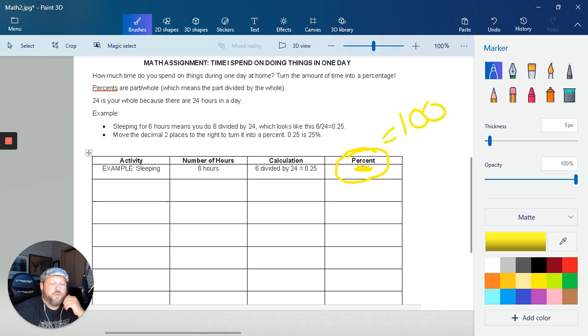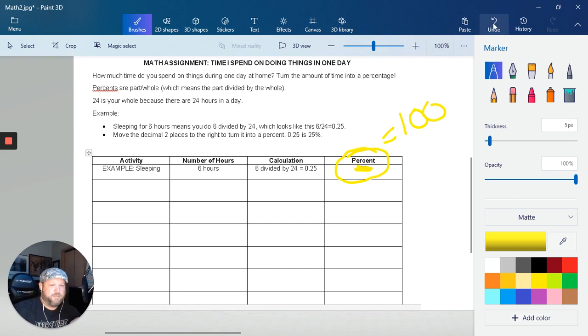So if you did 25% sleeping, 25% schoolwork, 25% watching TV, 25% eating, 25% doing chores, all of a sudden you're at 125%. That is not possible. You can't do that. You can only go to 100%.